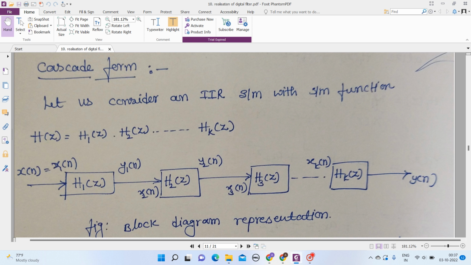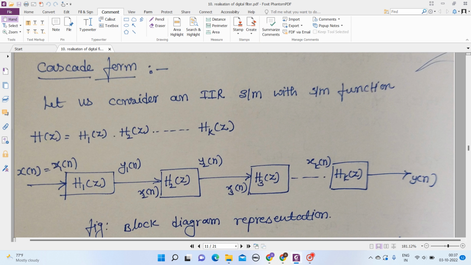So, cascade form. Let us consider an IIR, that means an infinite impulse response system, with system function H(z) = H1(z) · H2(z) up to Hk(z), I mean H subscript k of z.